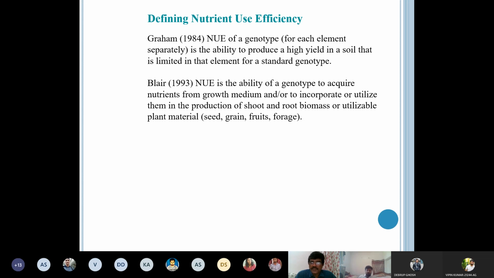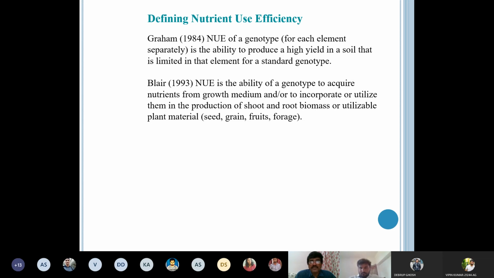This biomass can also be with respect to nitrogen removed, nitrogen uptake by a particular crop, nitrogen uptake in straw, nitrogen uptake in grain, and so many ways. And so far as input is concerned, input may be rate of application or nutrient uptake. Many times I may take nutrient use efficiency as nitrogen use efficiency. Sometimes it will happen, but you consider it is totally the nutrient use efficiency.